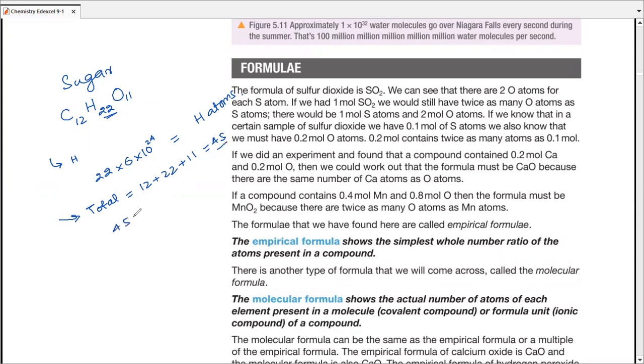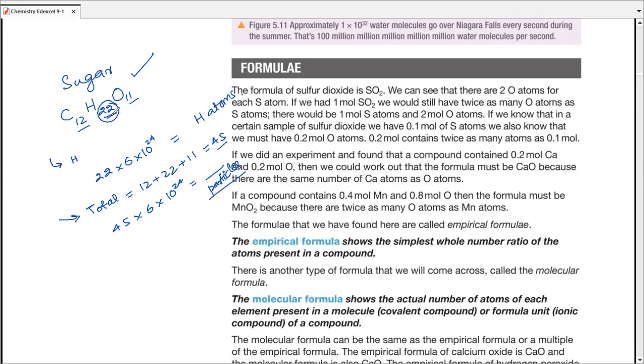So you multiply 45 into 6 into 10 raised to power 24, and you will have total number of particles. So it's really up to the examiner which specific atom he asks about, or he asks about total number of atoms. If he asks about total number of atoms, add these numbers, the numbers written as subscript at the bottom. If he asks about any specific type, take that number and multiply it with your answer. It's really that simple.